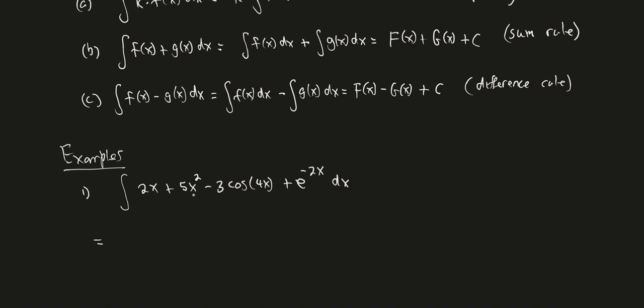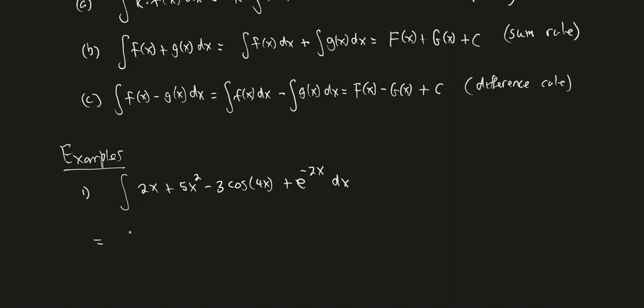So this function right here, whose antiderivative we're trying to find, has 4 terms. So I'm going to break up this big antiderivative into the sum slash difference of 4 antiderivatives.